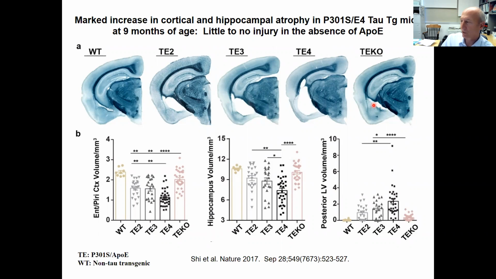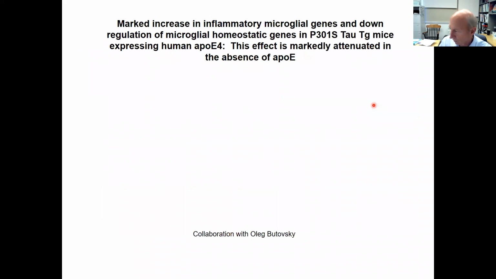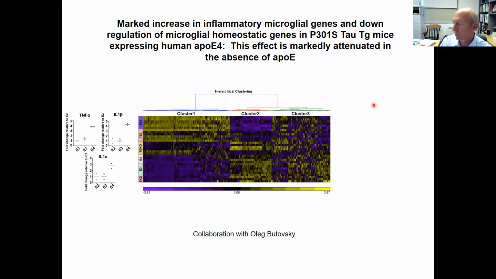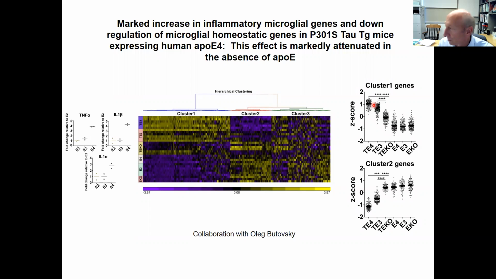What's going on here? So one of the first things we did is we looked at the inflammatory response. And in this particular experiment, which was done in collaboration with Oleg Butovsky's lab, he looked at gene expression in the brains of these animals at 9.5 months of age.